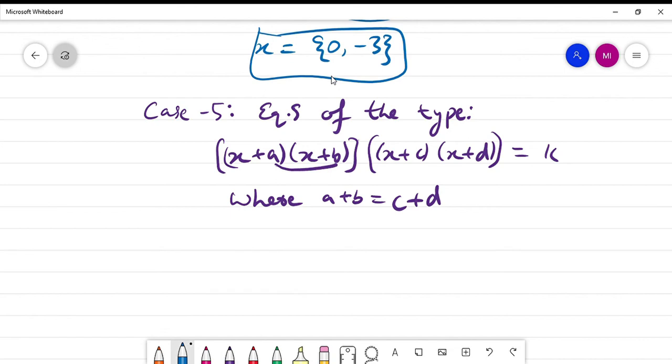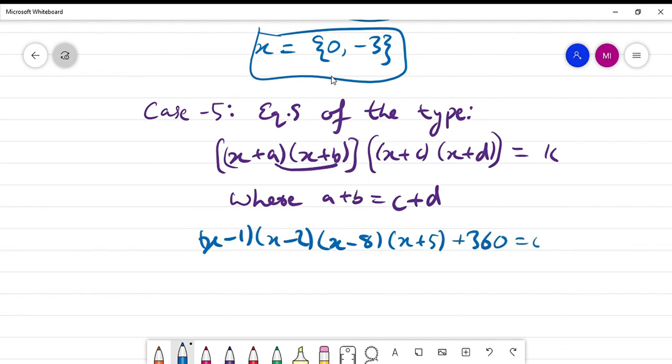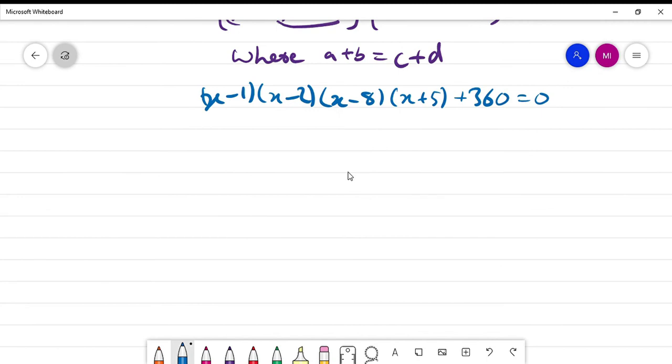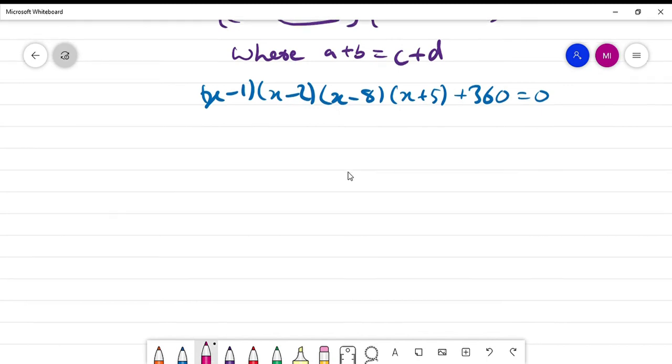The example is x minus 1 into x minus 2 into x minus 8 into x plus 5, plus 360 is equal to 0. Okay, so here, certainly, a plus b is negative 3, and c plus d is negative 3.